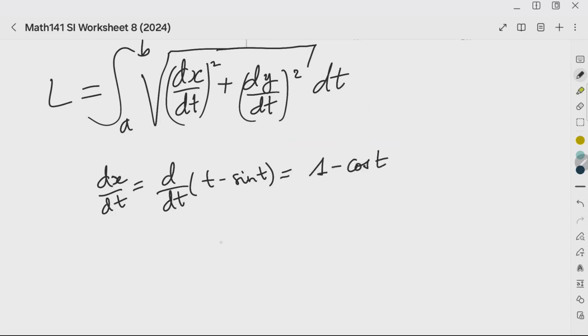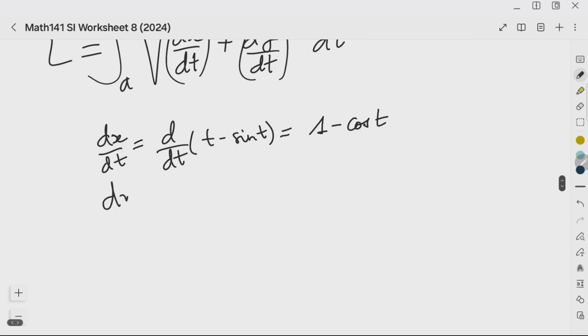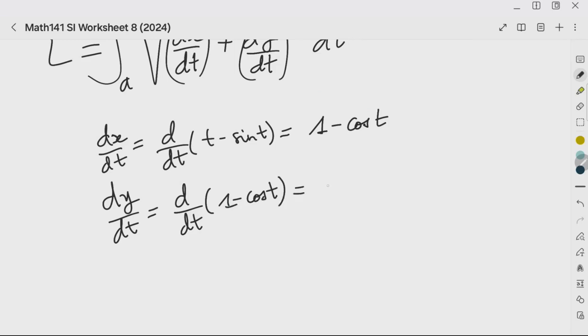All right. And then our derivative of y in terms of t is just the derivative with respect to t of 1 minus cos t, which is equal to sine t. Hopefully I'm making sense there.